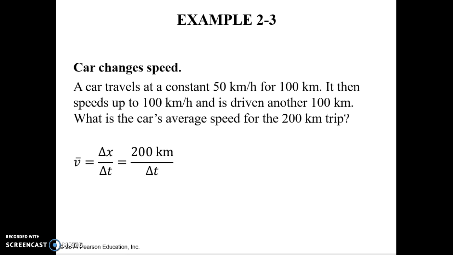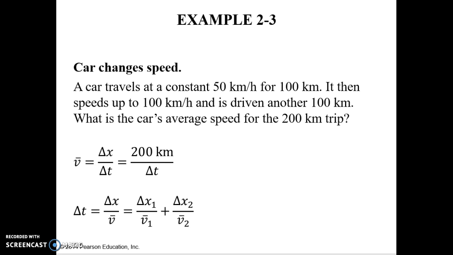To solve for the total time, we need to take the information given to us earlier about the trip and solve for time. We can rearrange for time using this equation so that we have change in position over average velocity. Since we have two segments, we can write this as change in position over the average velocity for the first segment and also for the second segment.